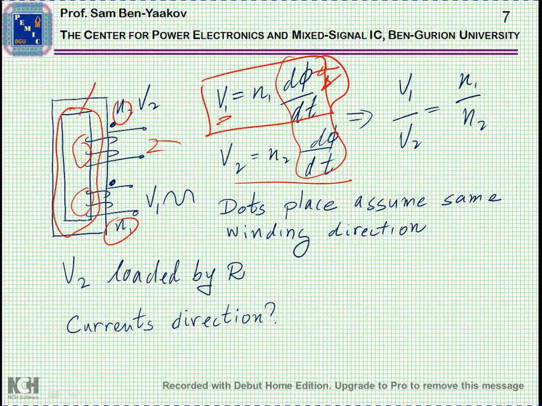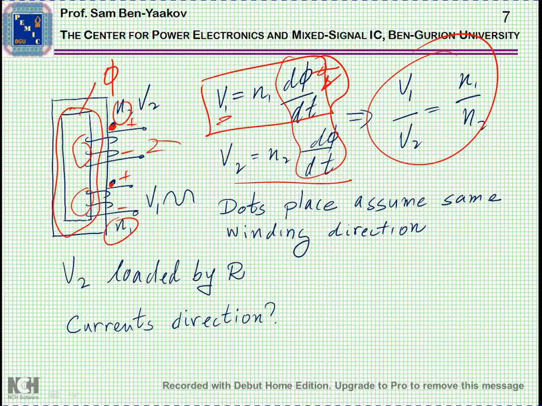Most of the flux is really shared by the two windings. So by dividing these two equations, we get the very familiar relationship: V1 over V2 is equal to N1 over N2. Now the dots signify the polarity. They mean that if you have plus here and minus here, you'll find also plus here and minus here. This is the meaning of this dot.